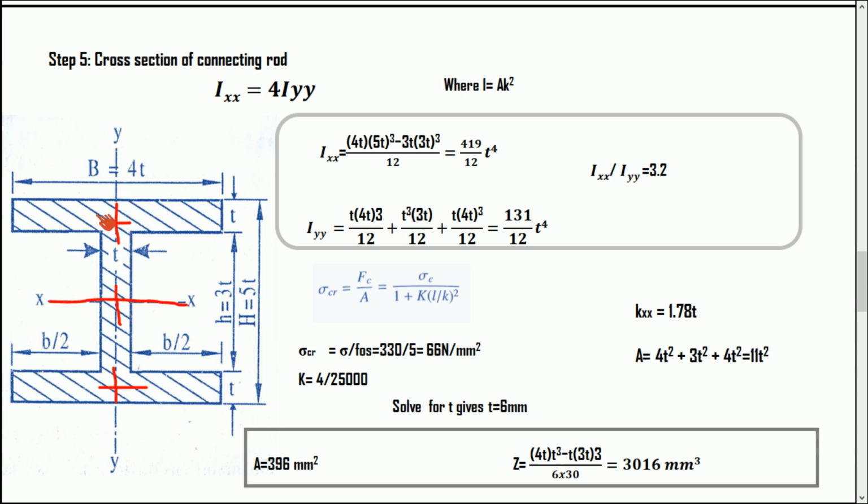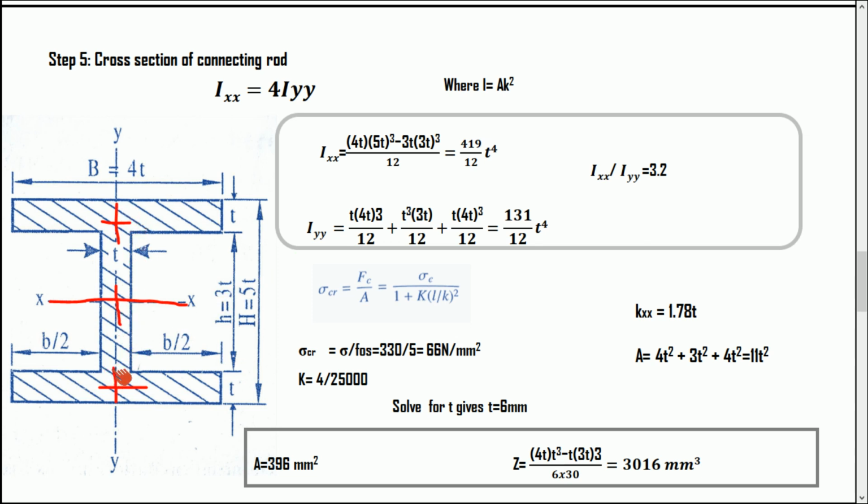Since these three are in the same vertical line, there is no need to consider the parallel axis theorem, so the net moment of inertia Iyy is nothing but Iy1 plus Iy2 plus Iy3.